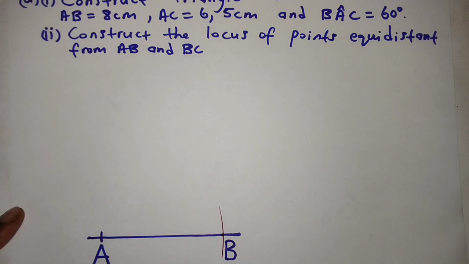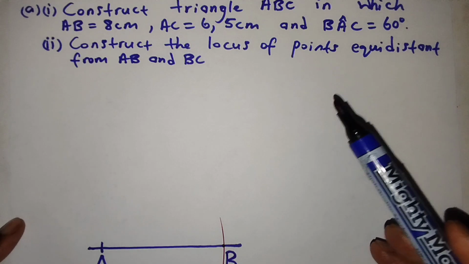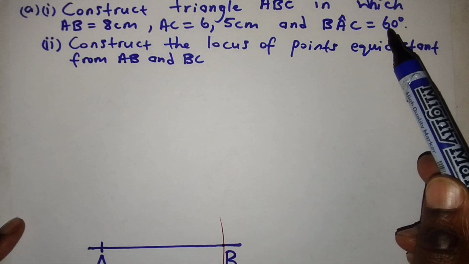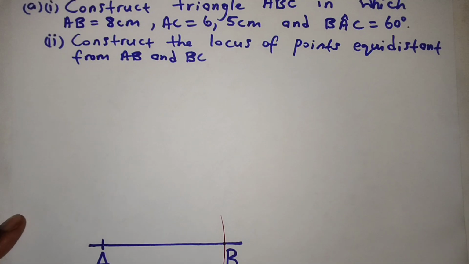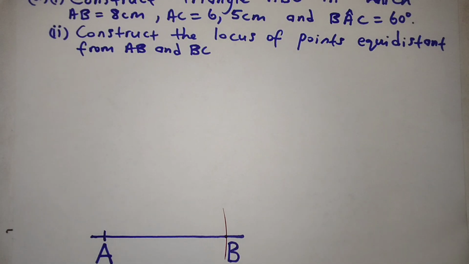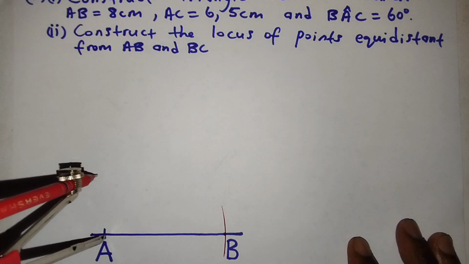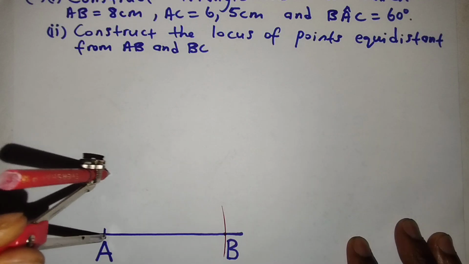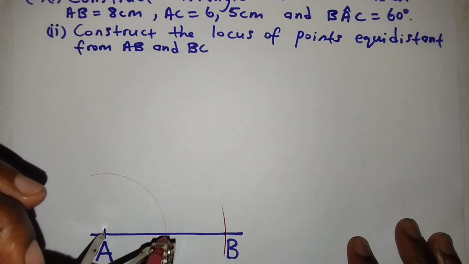Now we are told that angle BAC is 60 degrees, so it means the angle of 60 degrees is at A here. So I'm going to construct an angle of 60 degrees at A. So with A as my center and a suitable radius, I'll construct this arc.